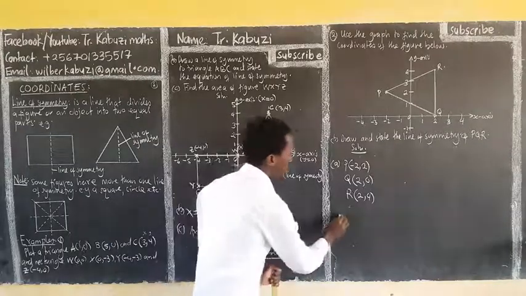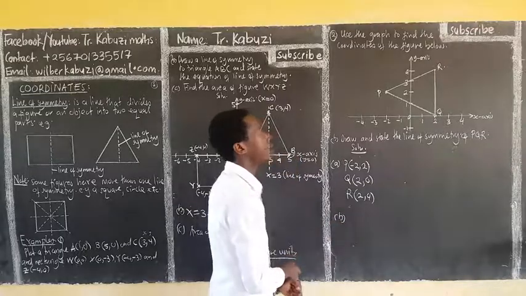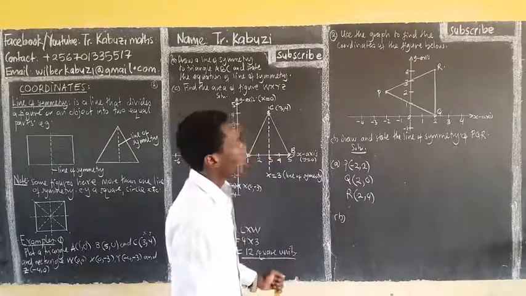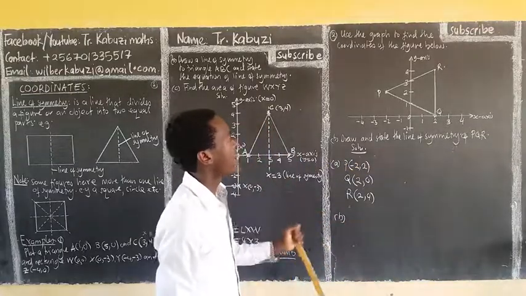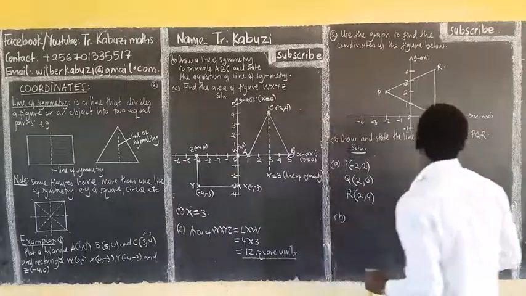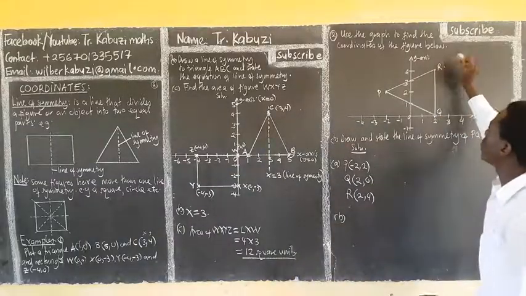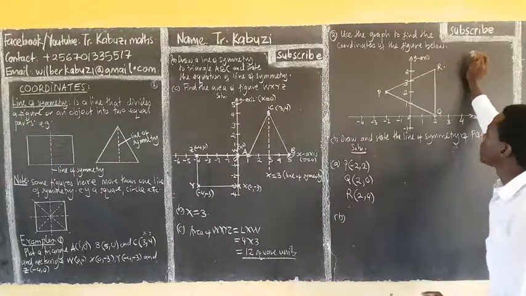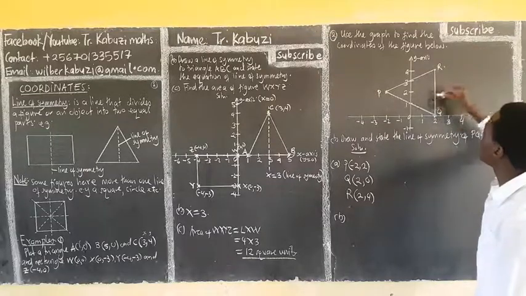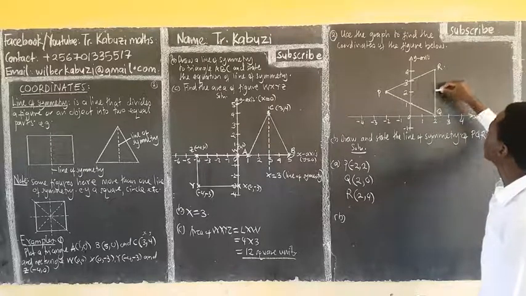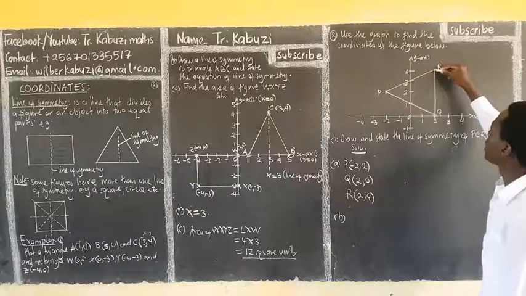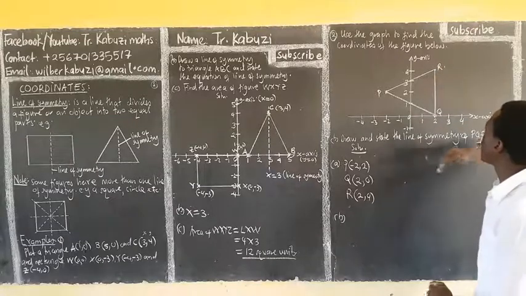Then part B, they are telling us to draw a line of symmetry of PQR. Now, you see we are from here up to here. Where is the line of symmetry going to be? You see they are marking how many is up? 1, 2, 3, 4. It means that in the middle of the 4, we are going to have a line of symmetry.